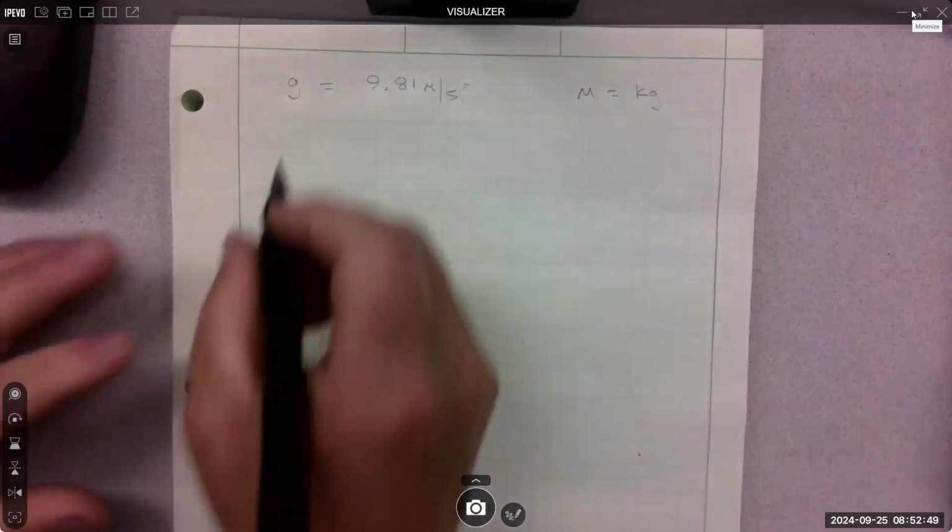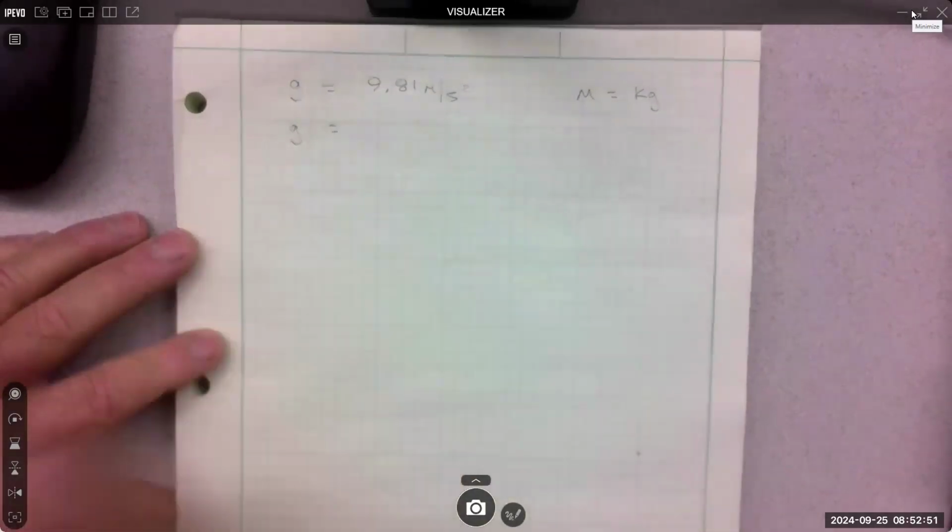What's the gravitational constant for the imperial system? Or the US system. Anybody know? It's crazy that we don't know it, but we don't typically. All right, well, it's in chapter 2.